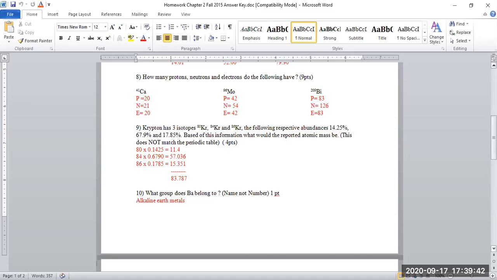You get 11.4, a little over 57, and 15.35. One thing to point out, because I saw this error a couple of times, don't divide. This is not a traditional way to do an average. By the time you have accommodated the fact that there are different percent abundances, once you get to that final step and you add them all up, don't divide by 3.